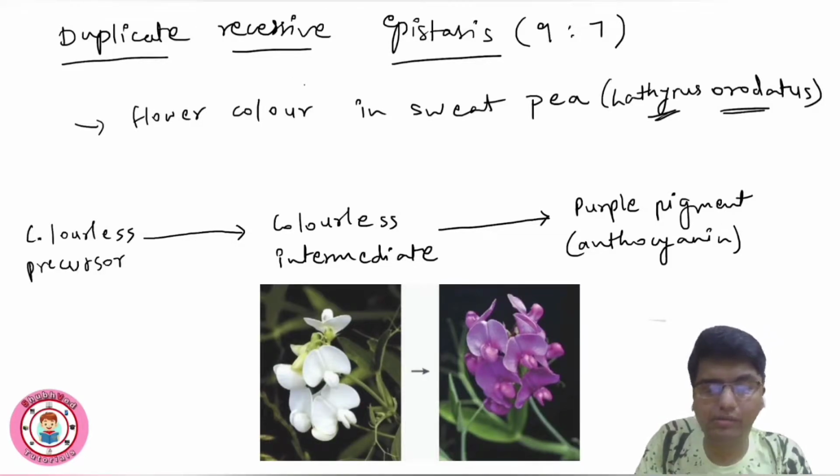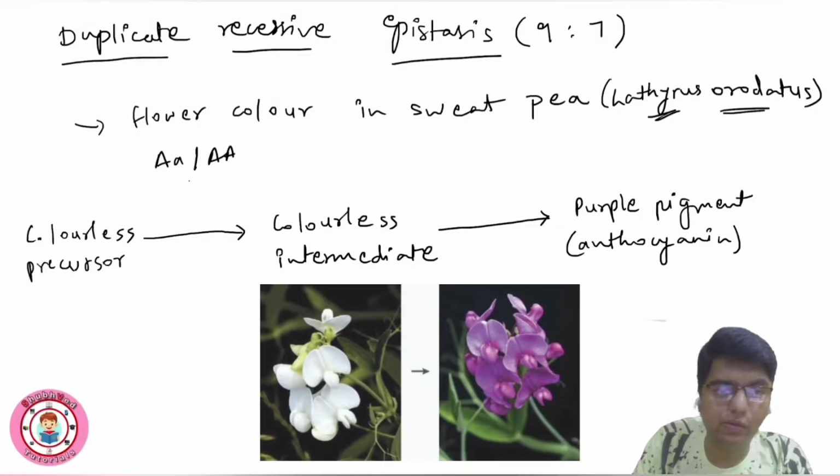So now what happens? This is the gene A, genotype AA or Aa. This will give a product A, and that is responsible for conversion to the intermediate.